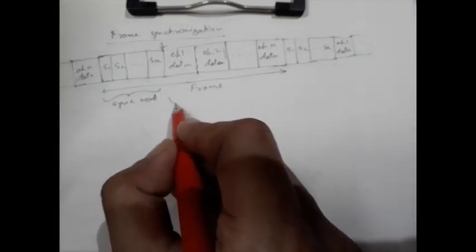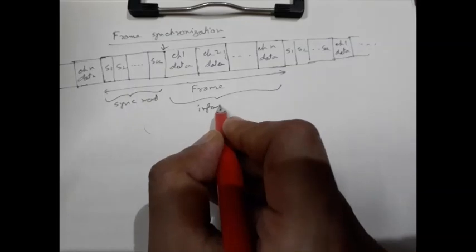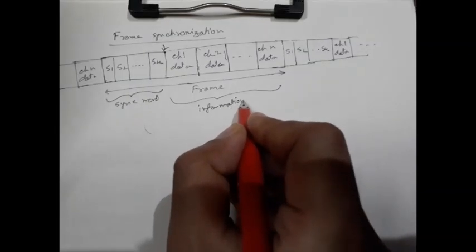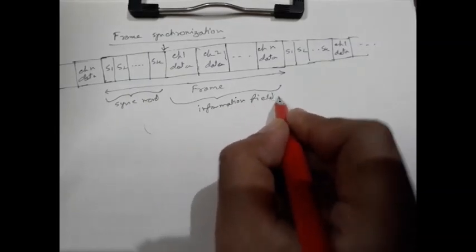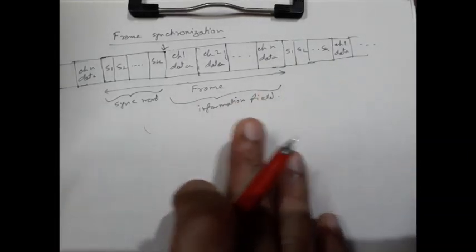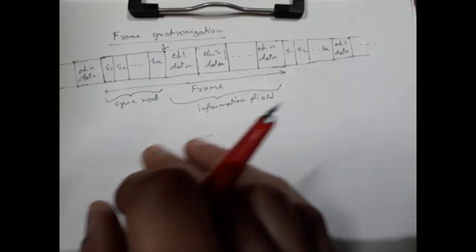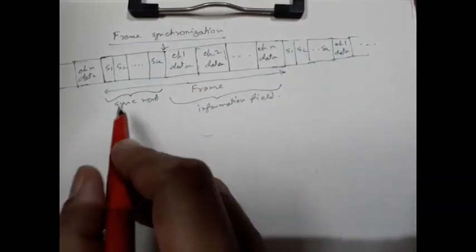And this section is the actual information field. So this is how the TDM data is transmitted frame-wise. Now at the receiver we have to identify this sync word.